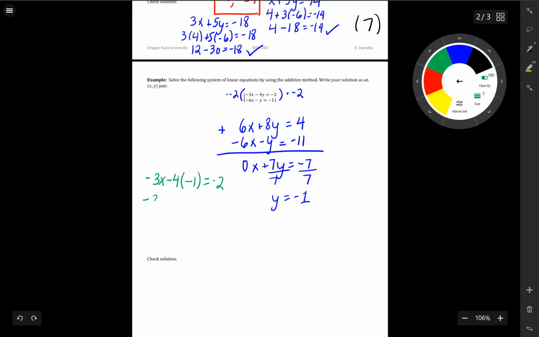So I have negative 3x plus 4 equals negative 2. Subtracting 4 from both sides gives me negative 3x is equal to negative 6. And then I divide both sides by negative 3 to give me x equals 2. So my proposed solution is (2, -1).